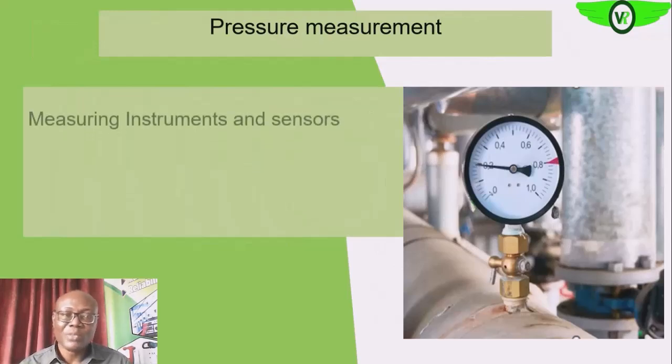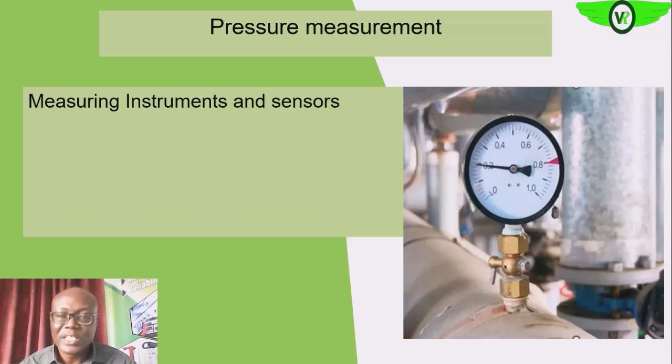For pressure measurement, we need pressure sensors to measure the pressure in our process. This is our process. The sensor is down there looking at the process, which means that the sensor is exposed directly to the process, and it is by means of that sensor that we are getting the pressure reading.